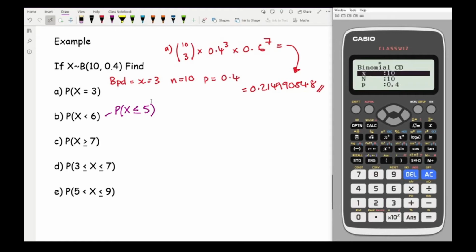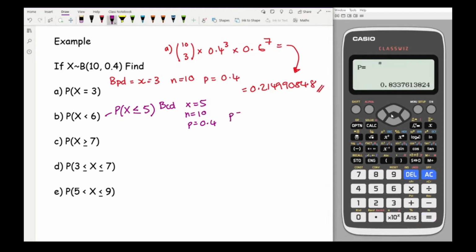So here my x, so using BCD, x is going to equal 5, n is going to equal 10, and p is going to equal 0.4 again. So entering those numbers in, so I've got 5, 10, 0.4, and it gives me my answer straight away.